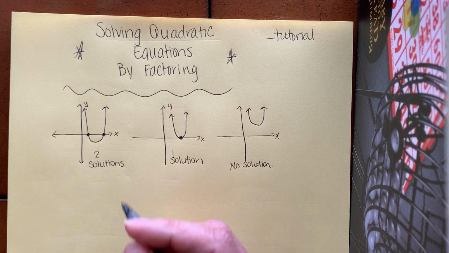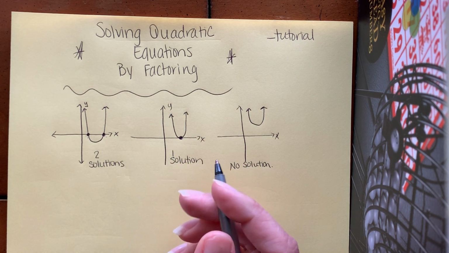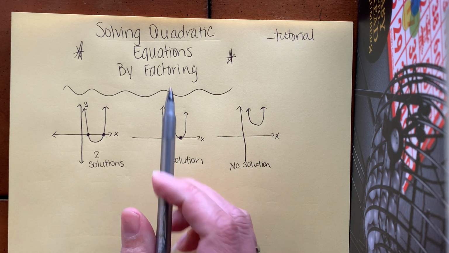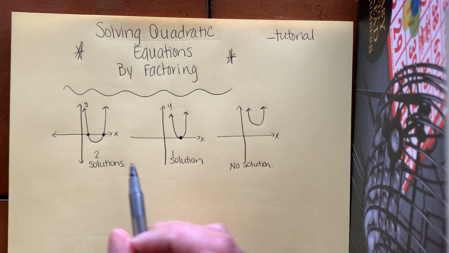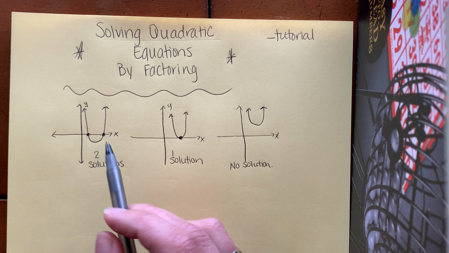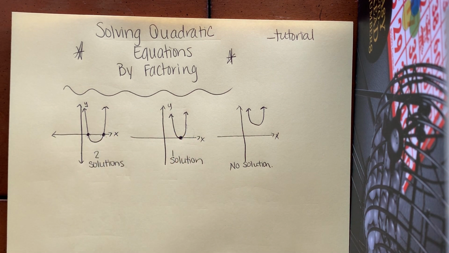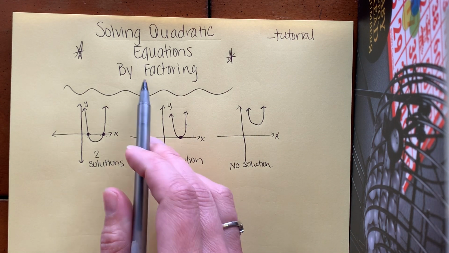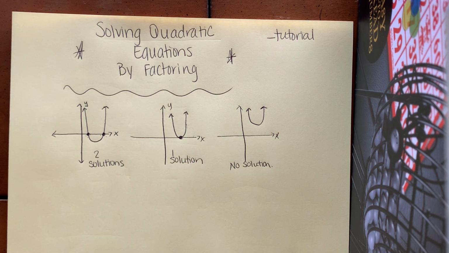You can use tools like Desmos or a graphing calculator to find those values. But for today, we're going to look at how to solve them by factoring. We're going to probably end up with 2 solutions for most of ours. We might find an example that gives us 1 solution. But we won't have any today that have no solution, because we are going to be able to factor each of these that I'm going to do today.